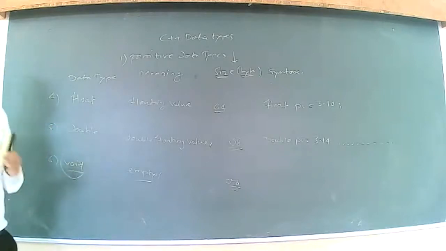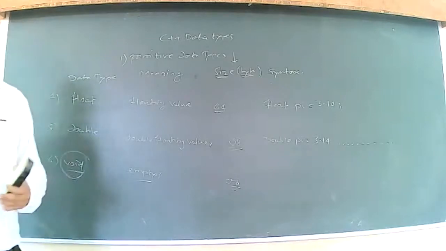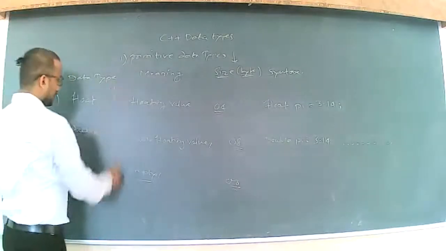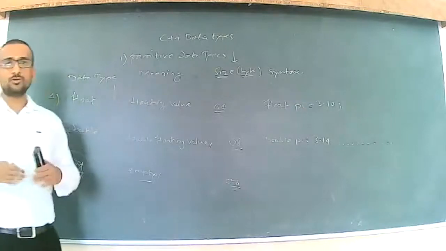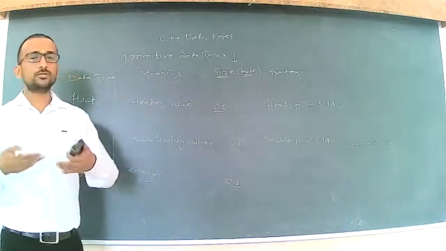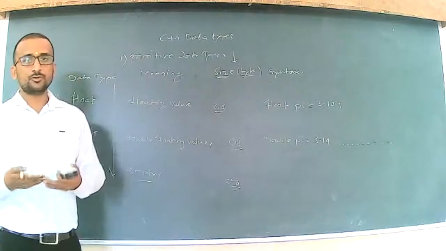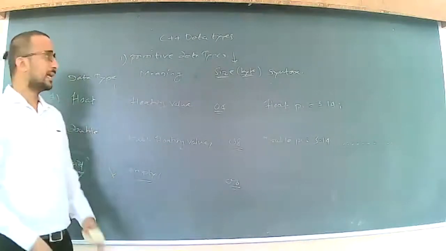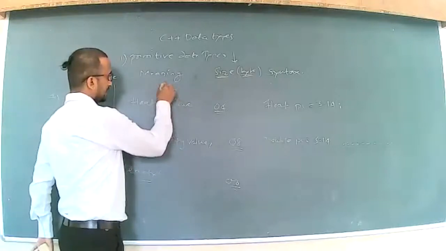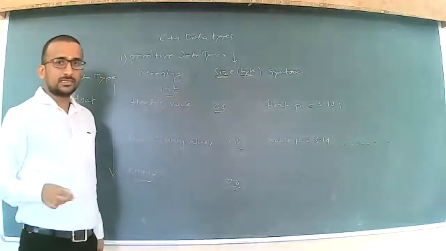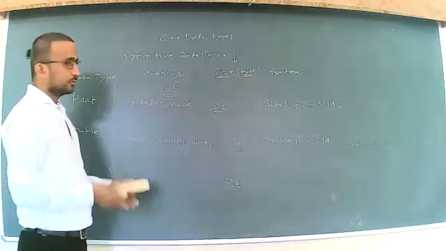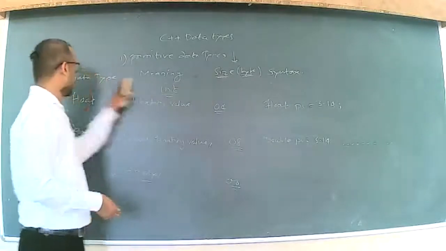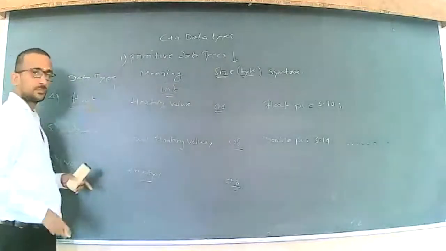Depending on the value that you want to store on your computer system, you are going to use these data types. If you want to use an integer value in your program, at that time you need to initialize that variable as an integer. If you want to use a decimal number in your program, you need to use a floating value.